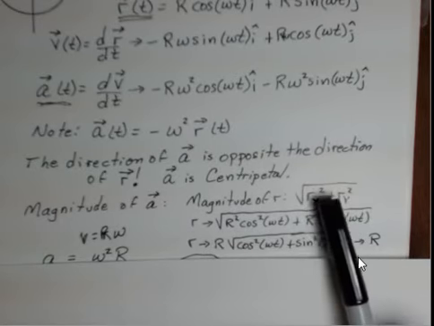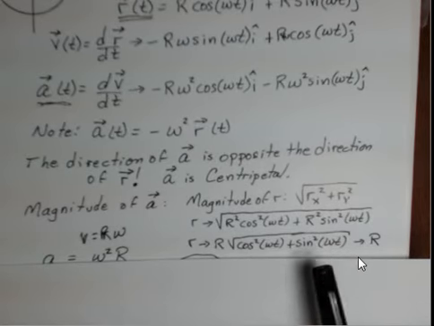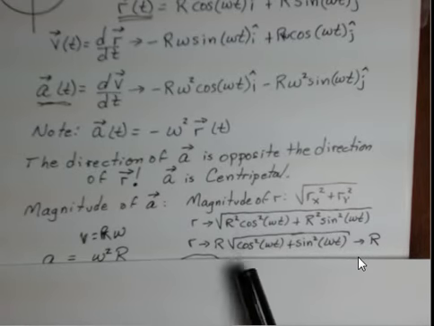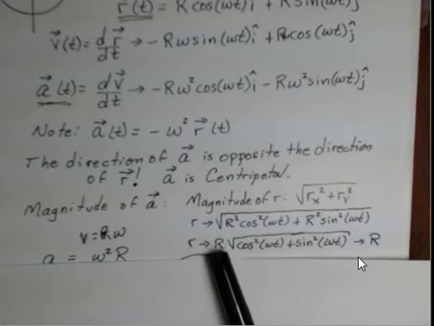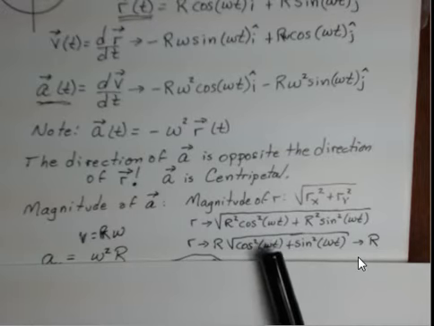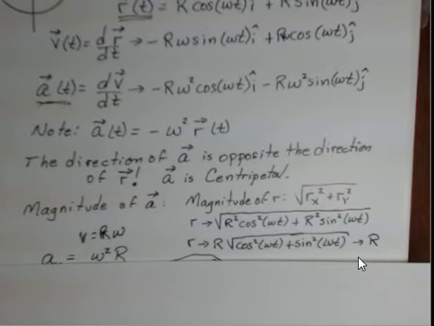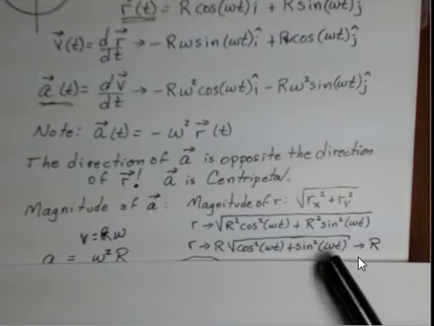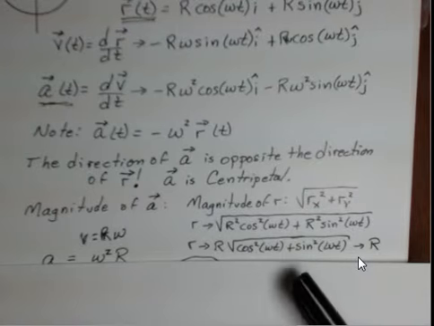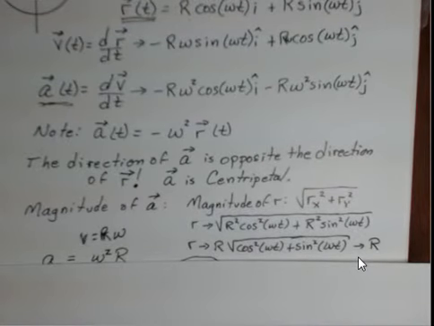Those become r squared cosine squared and r squared sine squared. If I factor out r squared and then apply the square root to it, I get an r out in front. I'm left with cosine squared plus sine squared. What is that trig identity? Pretty important identity in trigonometry. Cosine squared plus sine squared, they have the same argument. That's a 1, and the square root of 1 is a 1. So the magnitude of the radius vector is capital R.